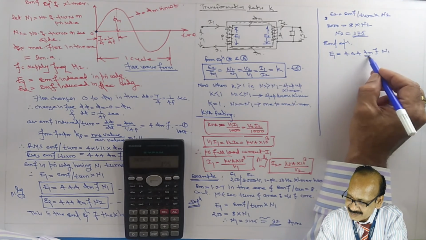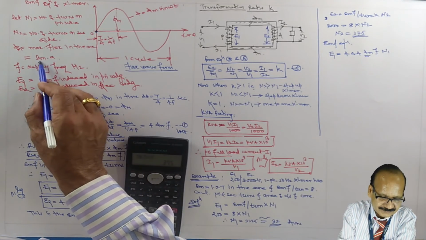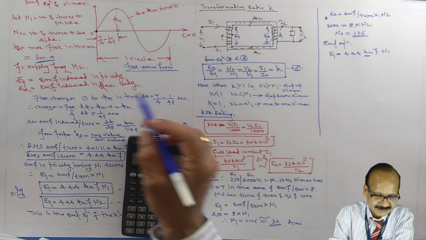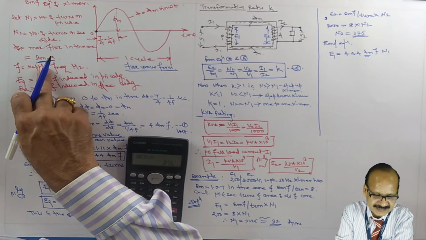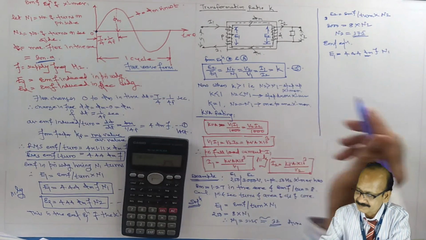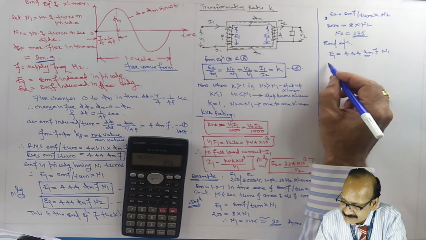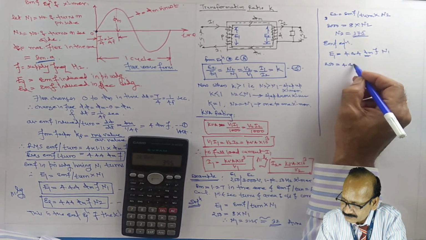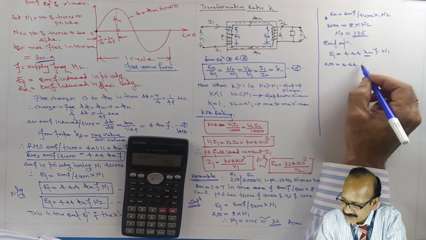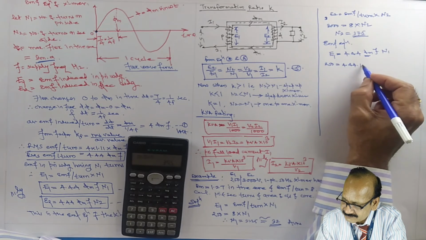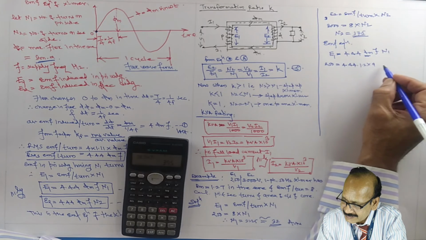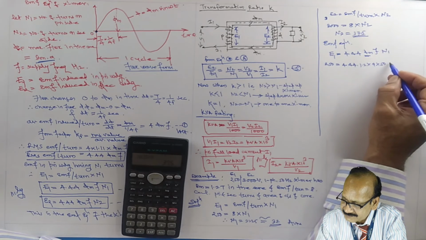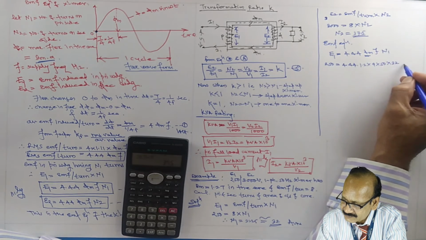Now here phi max can be replaced by Bmax into A. So E1 equals 250 equals 4.44 multiplied by Bmax, which is 1.2, into A, multiplied by frequency 50, multiplied by 32.